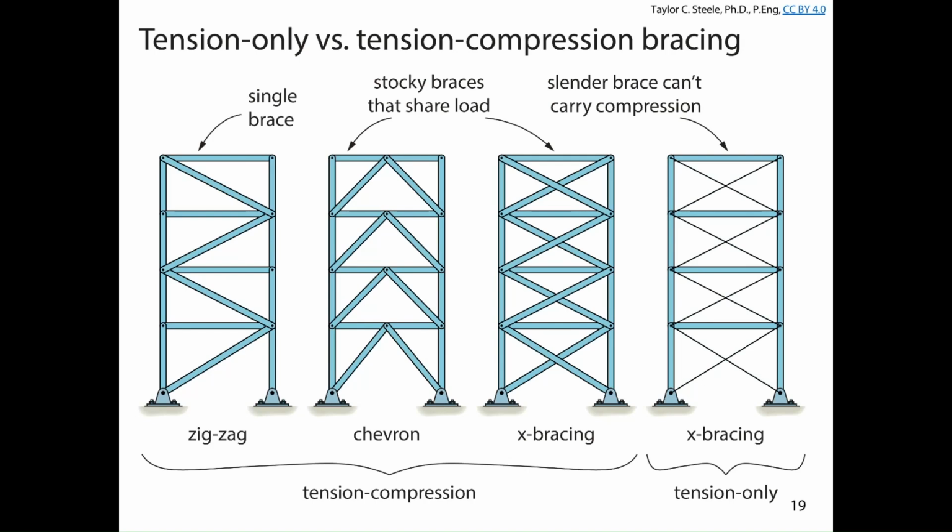Any ideas? So I already said X bracing here is statically indeterminate to the 4th degree because we have 1, 2, 3, 4 additional members that we don't have in zigzag and no additional joints. Is there anything I can do with these members to try and approximate what the forces in those members might be? It's not going to be exactly right.